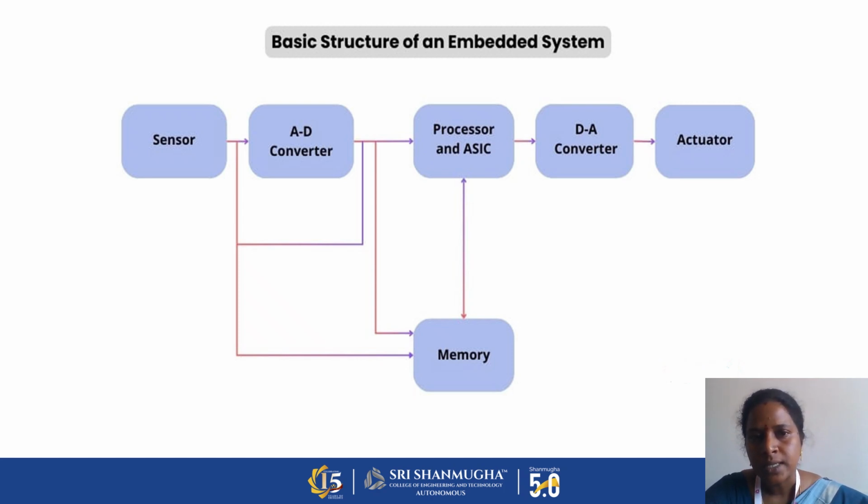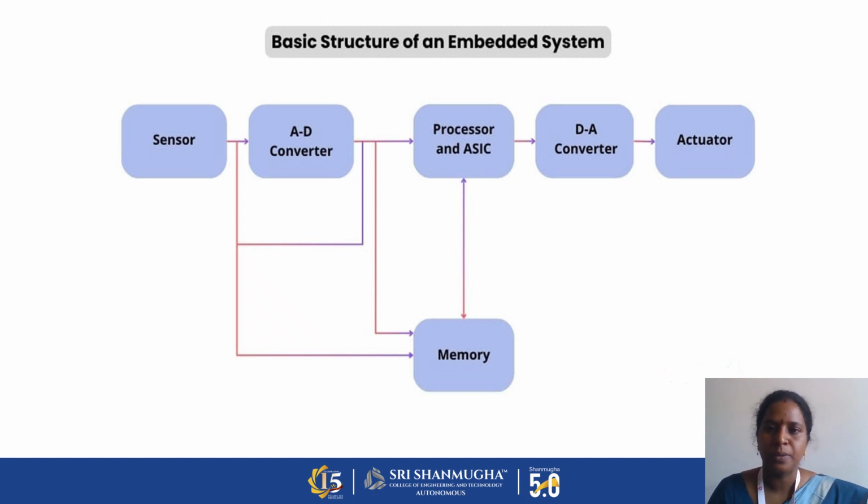The sensed signal is passed to the converter part, that is the analog to digital converter, and the signal then moves to the processor part. It is the main backbone of our embedded system. The system then converts the digital signal into analog, and we get the signal from the actuator.